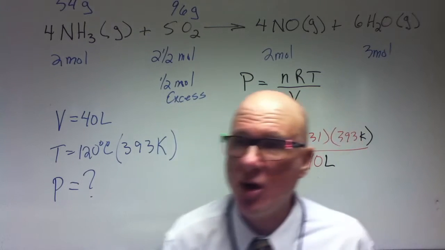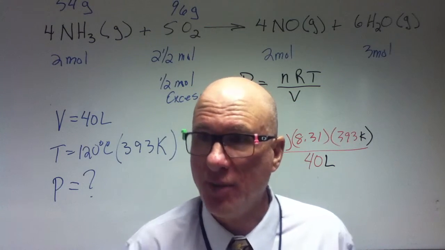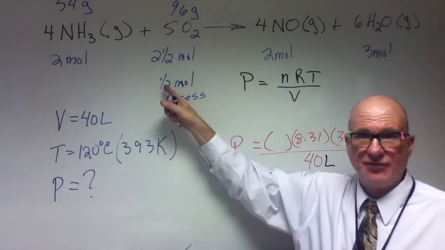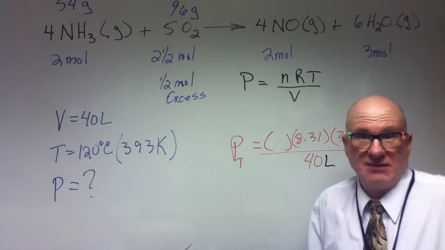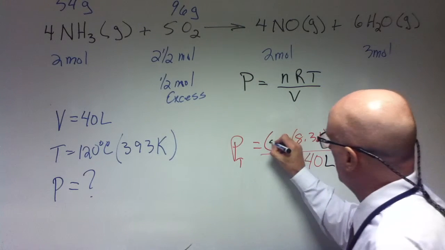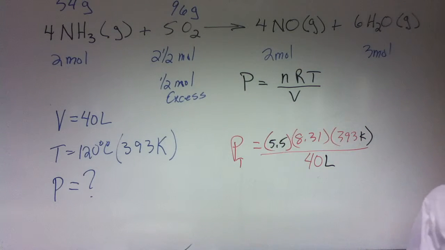So the total number of moles in that can after the reaction is 5 moles plus the 1/2 that's in excess. It never reacted, it's still there. So this is going to be 5.5. Run those numbers through, crunch them out. What do you got?